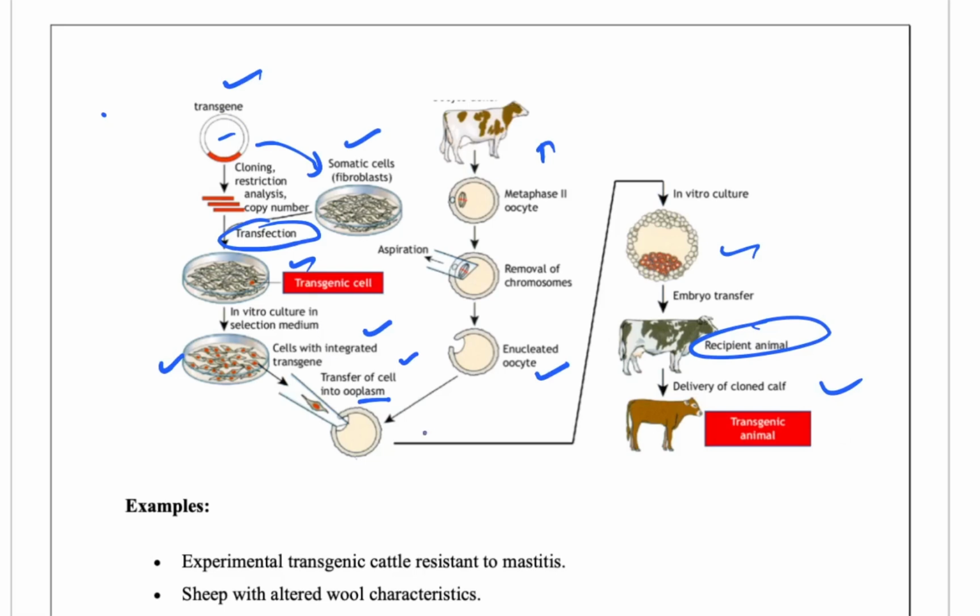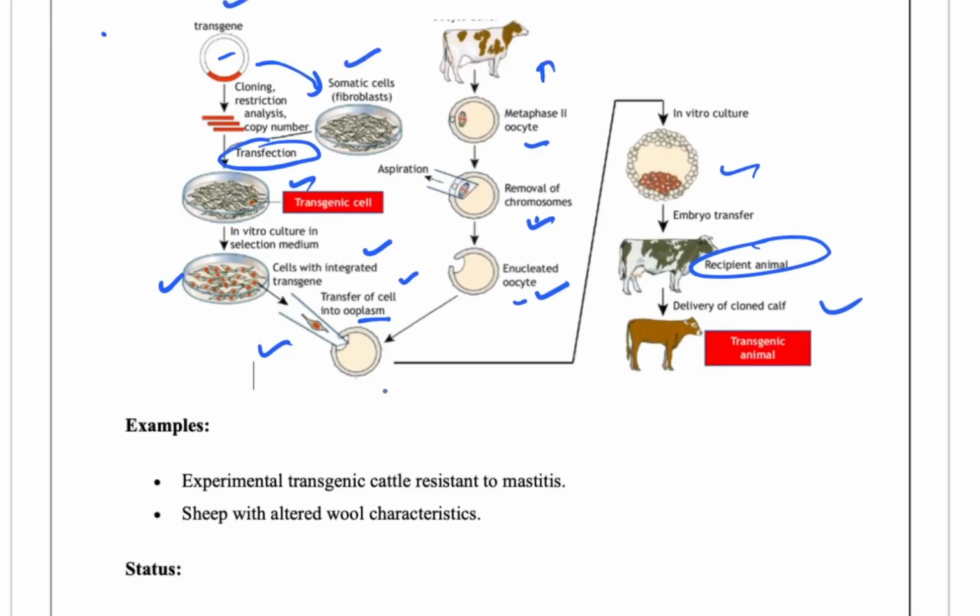So this is how you do it. Again, you are taking the oocyte from a mother, enucleating the oocyte, removing the nucleus and entering this one. Okay, transfer of a cell into the ooplasm. So again this is similar to what we have done previously.